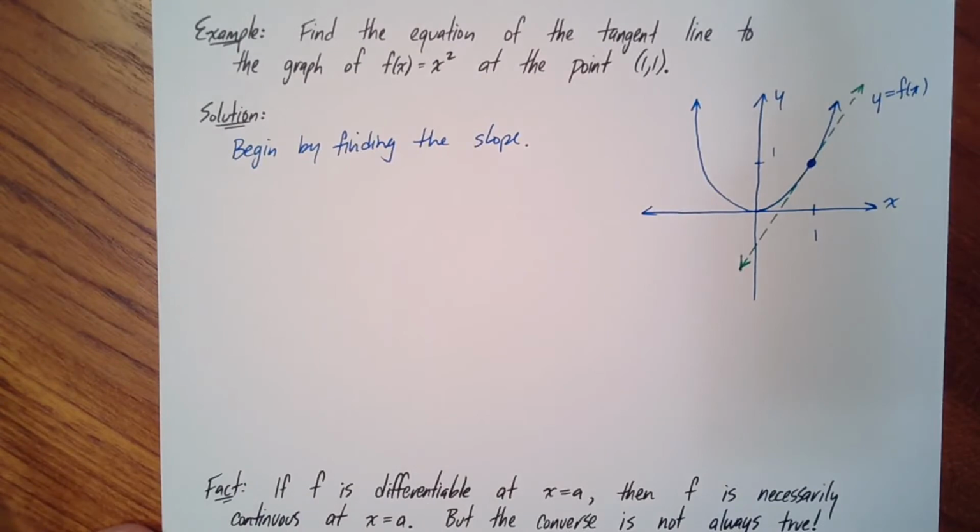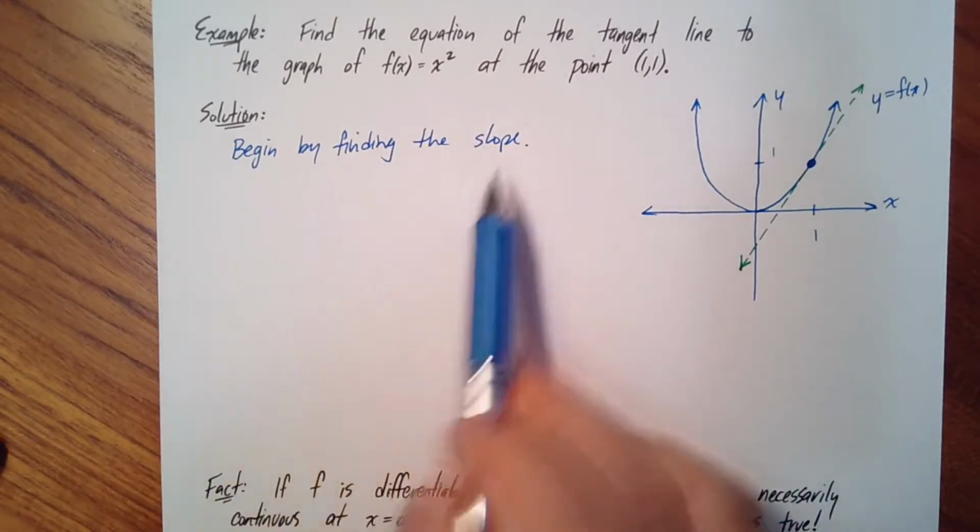You'll gradually get more and more complicated functions, but it'll just be of the form: you have a given function, and you have a given point on the graph of that function, and you want to find the equation of the tangent line. So that's something that you want to get mastered early, because it's a lot of free marks, because you're going to have to answer that same question over and over again, but just with more and more complicated functions. But it's important to get the general flow of the solution down early on. So you want to begin by finding the slope.